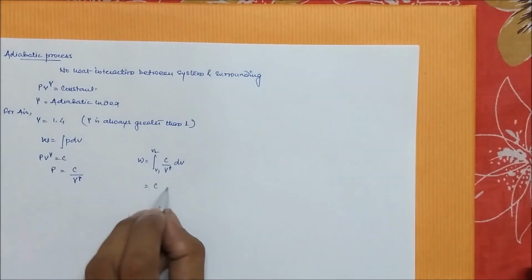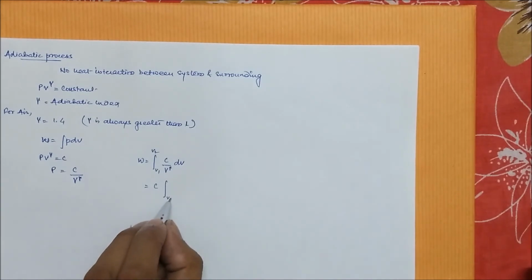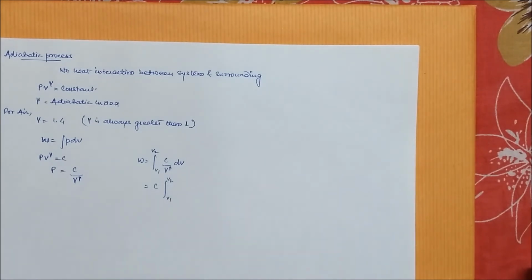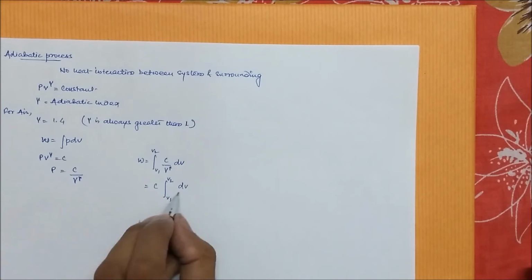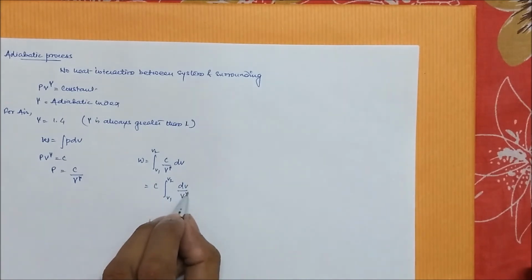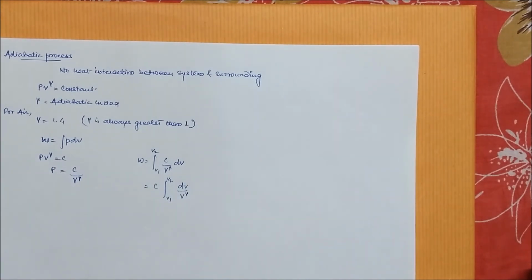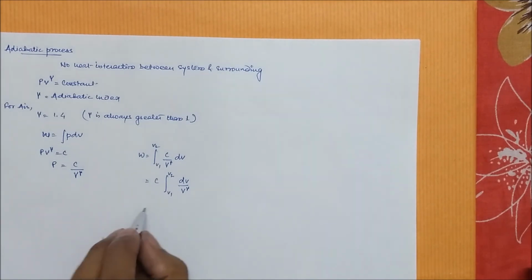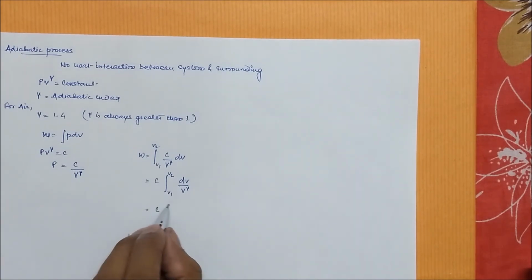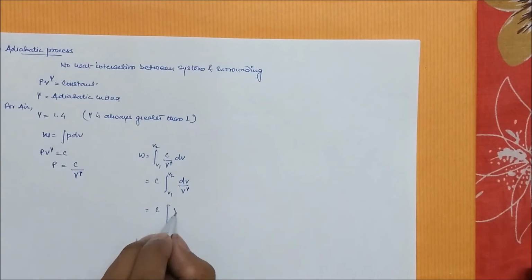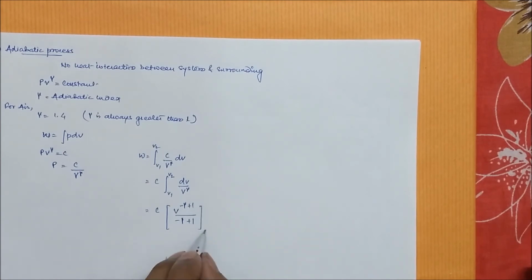C is constant, we can take it out of the integration. dV by V to the power gamma gives C times V to the power minus gamma plus 1 by minus gamma plus 1. Limits are V1 to V2.